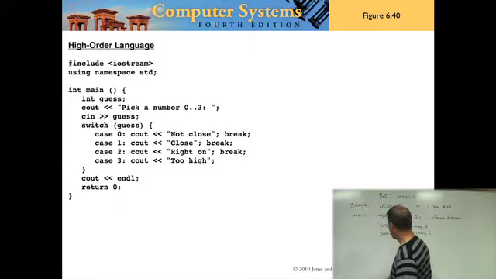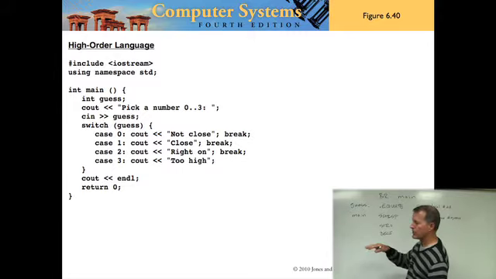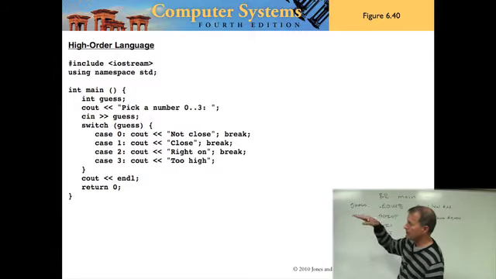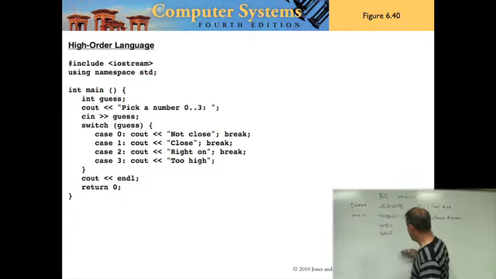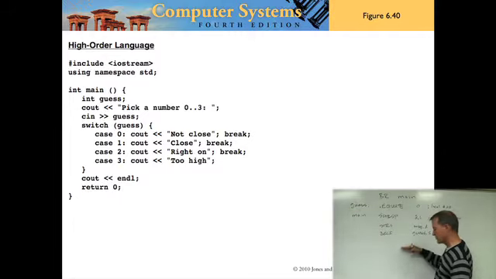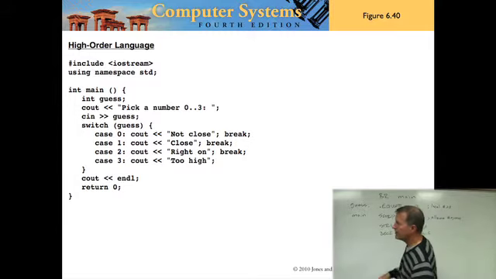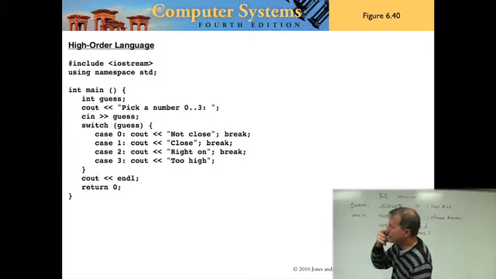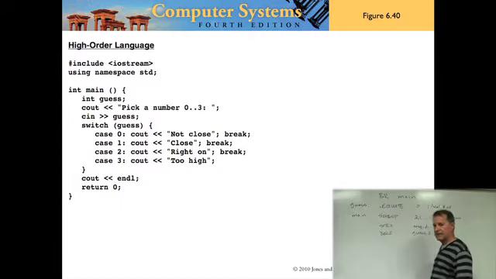Now, typically the way we're going to do this with our imaginary compiler is we're going to put the jump table right here in this code, and we're going to branch around the jump table. So we're not going to put it at the bottom or at the top, we're going to put it right in with the code. It's very convenient to do it that way. So how do we do the switch guess? You do the dot address.